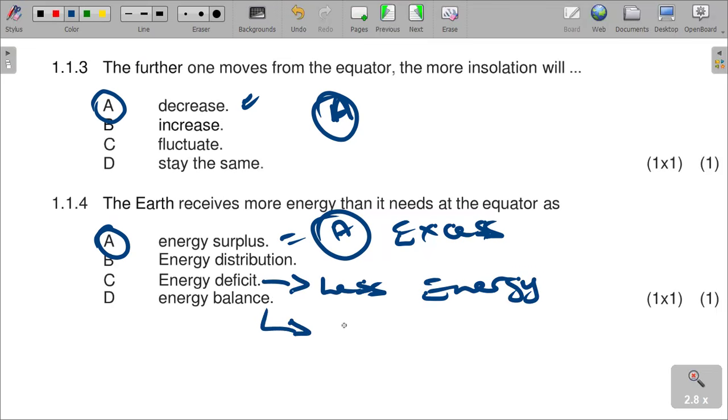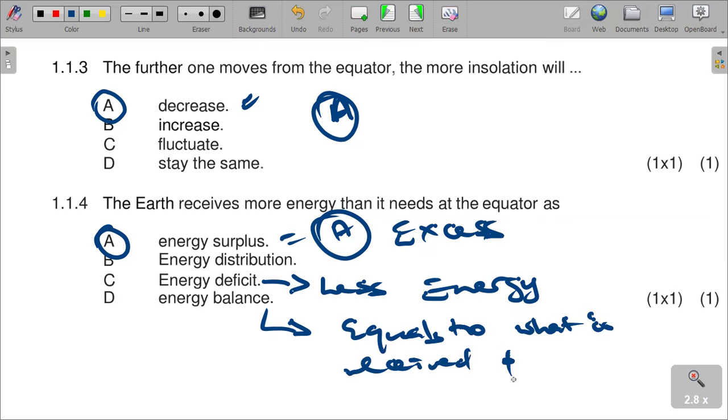When we say balance, it means what is needed is equal to what is received. That is when we say it is balanced. So please note that the answer is A.